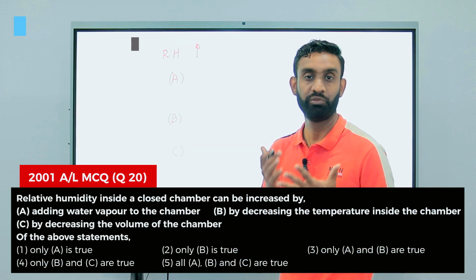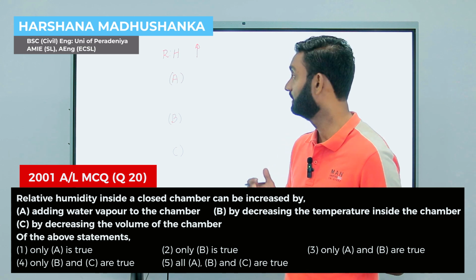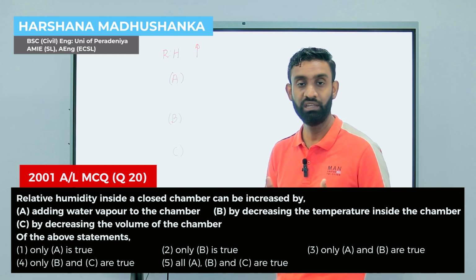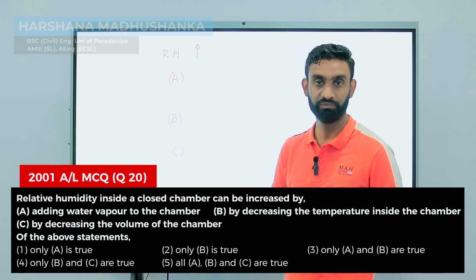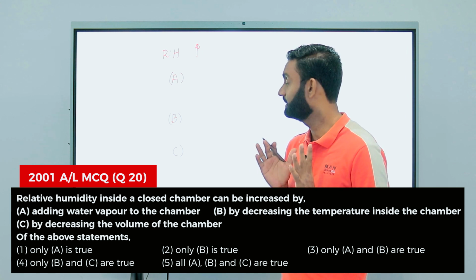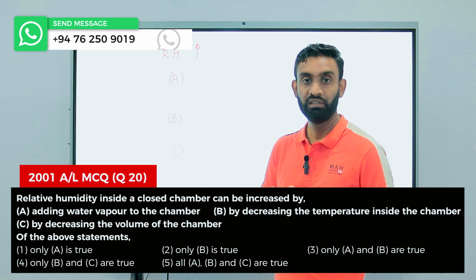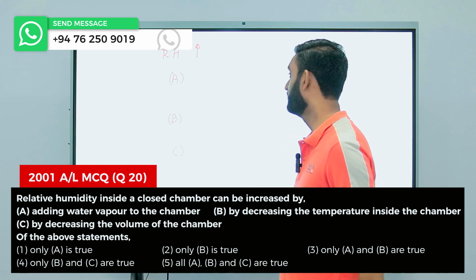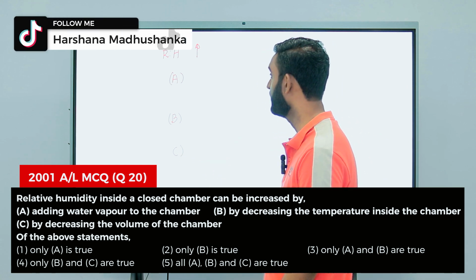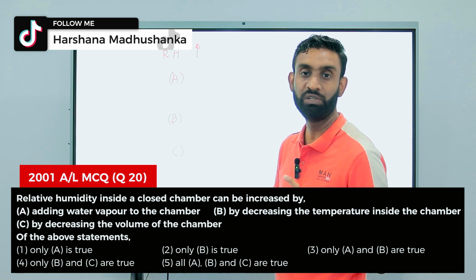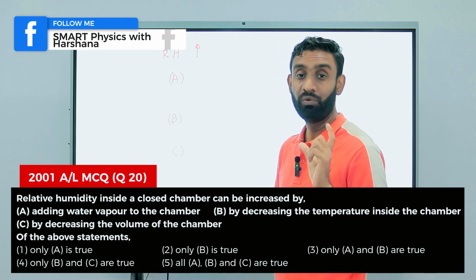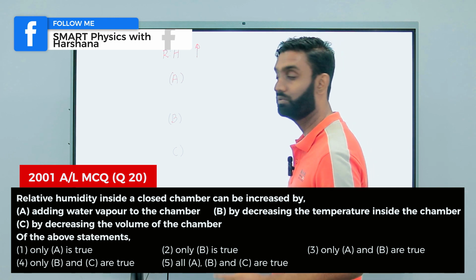2001 20th MCQ. Relative humidity needs to be increased. First statement: you want to add vapor mass. When you add vapor mass, there are four equations in your syllabus.